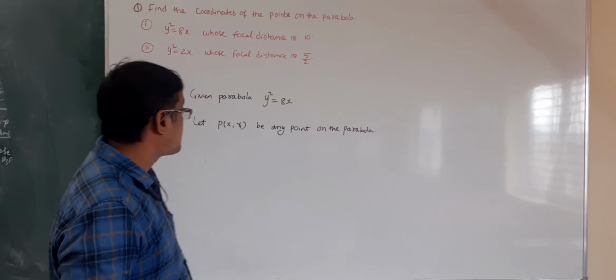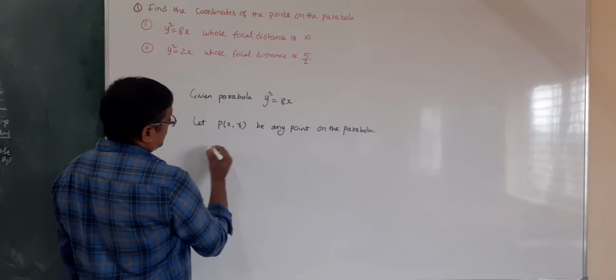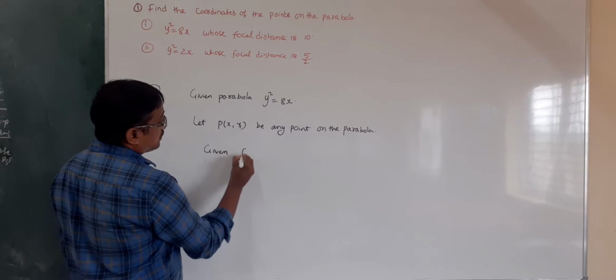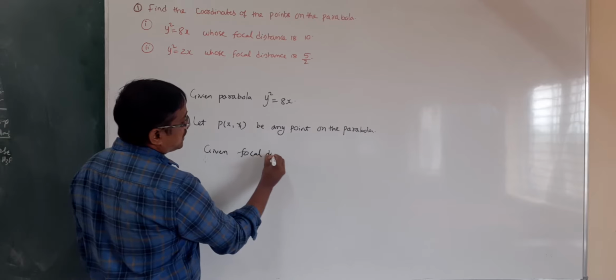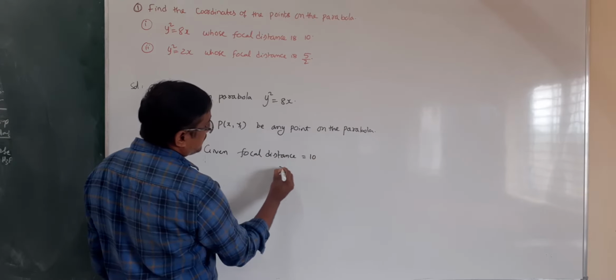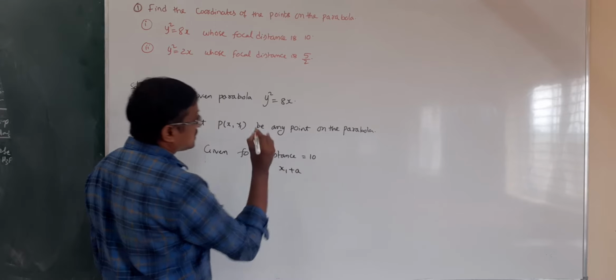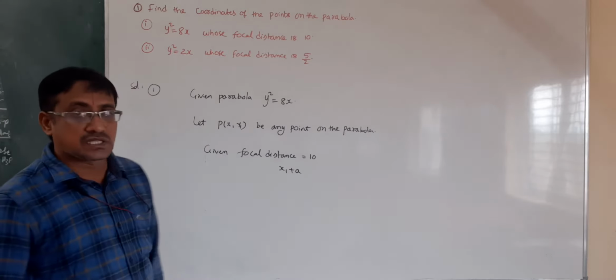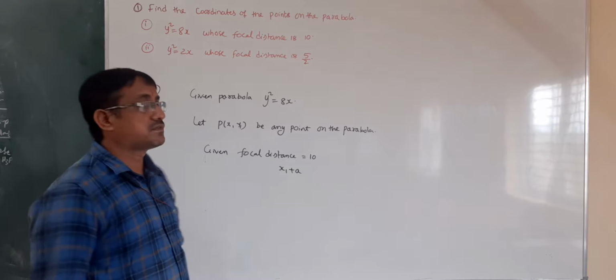Given that the focal distance is equal to 10. The focal distance of any point on the parabola is x1 plus a. That is the formula for focal distance.